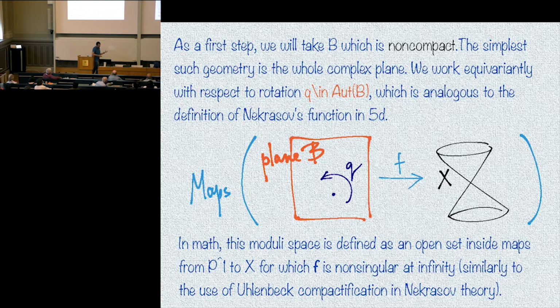So how do you define these counts in Nekrasov theory? You take maybe a Uhlenbeck compactification, then you extend your instanton to infinity. That's one way to do it. Similarly here, you really think of this moduli space as an open set inside maps from P1 that are non-singular at infinity. That is the right moduli space here.